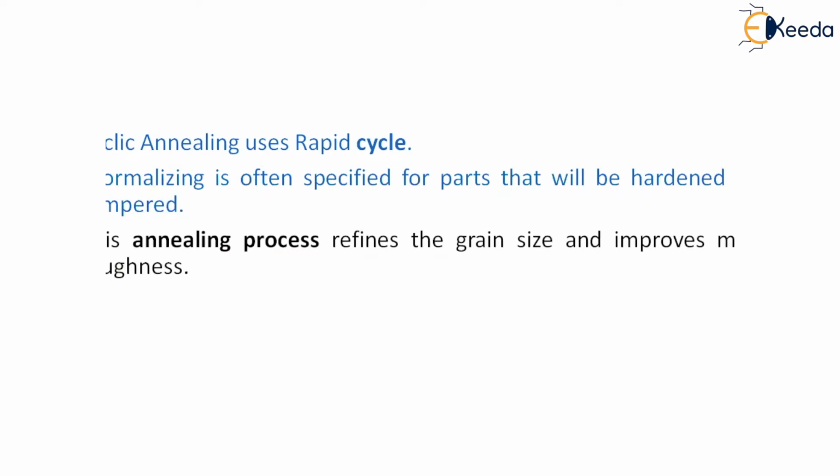But even in normalizing or annealing, we cannot get both properties. In cyclic annealing, however, we get many of the property changes that we adopt normalizing or annealing for. That is the main advantage, and that's why we have adopted the cyclic annealing process.